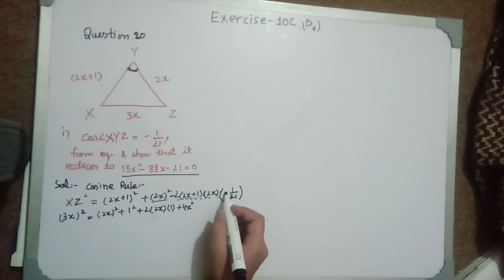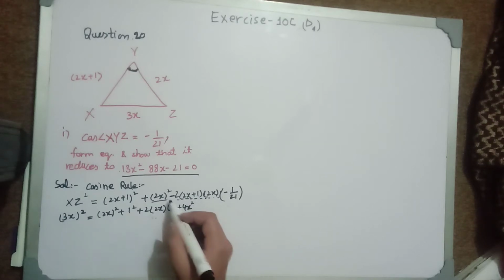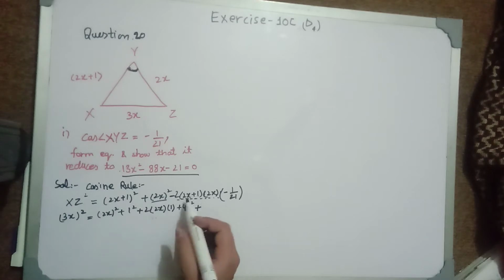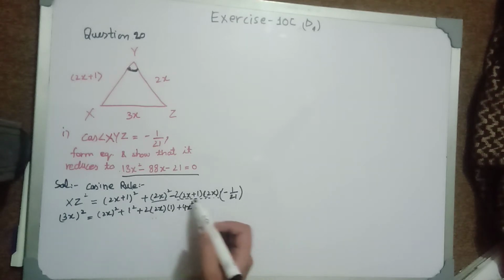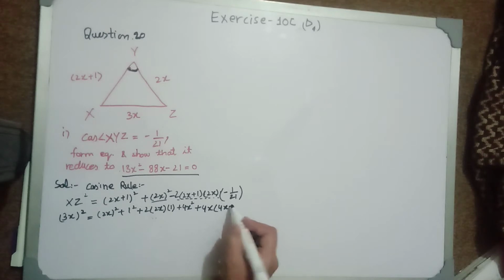Now as these terms are all being multiplied, I can multiply this minus with this one and it will become plus. And as these are all multiplied, I'm going to multiply this 2 with 2x first, so I'll get 4x. I'm just trying to simplify this multiplication.